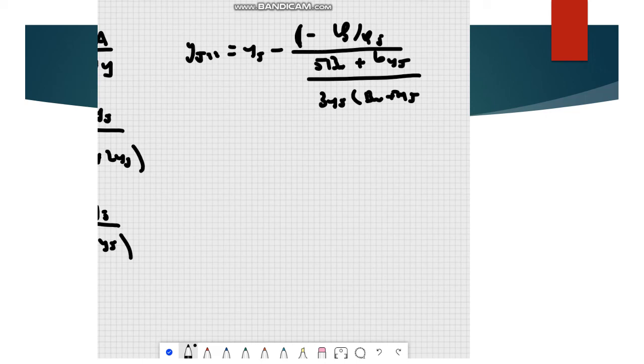It was these terms. So we just need to plug this equation in order to find our iterative equation.